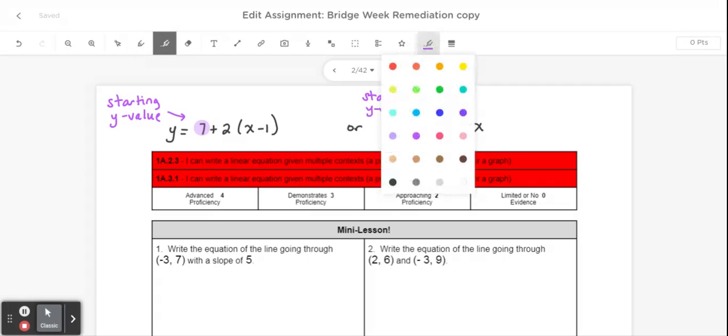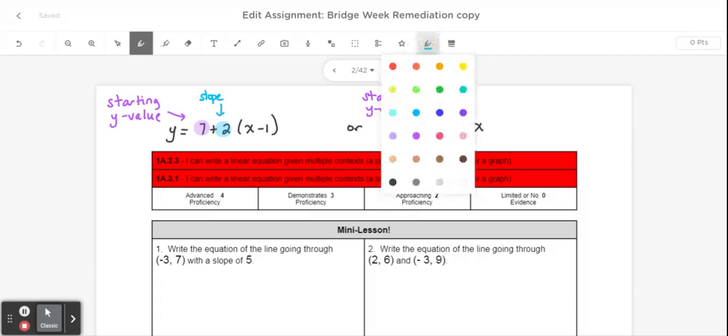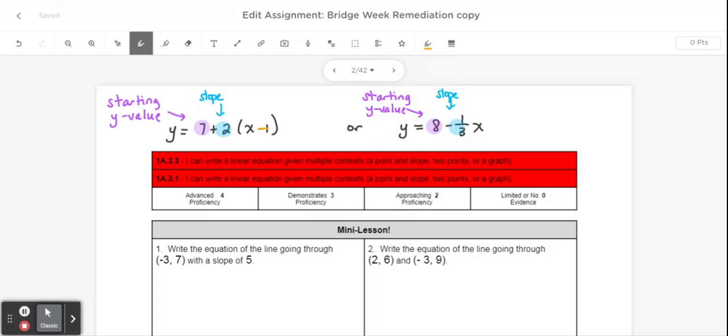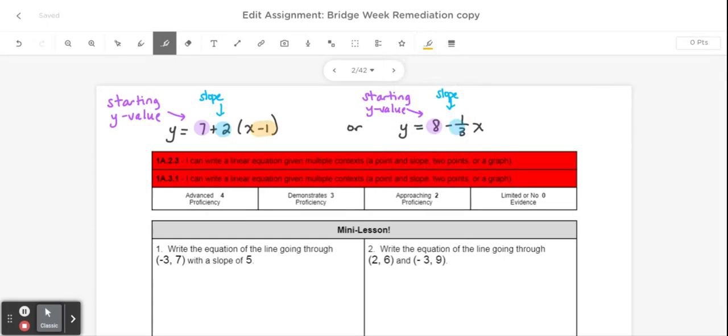The number in the middle is always going to be your slope, which is your pattern from the problem. And this ending number here, or in this case where there's just an x with nothing there, is going to be your starting x value.